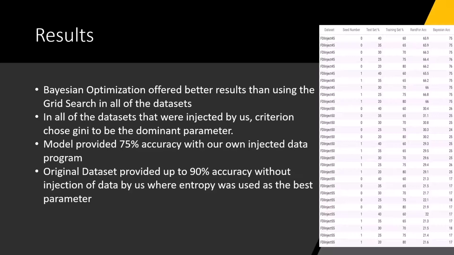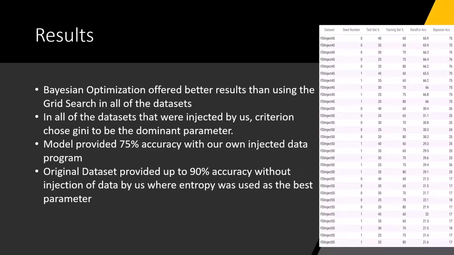So our results show that based off of the injected data sets that you see, showing 45% injected attack data, 50% injected attack data and 55% attack data, the Bayesian optimization offered better results than using grid search in all three of the data sets.